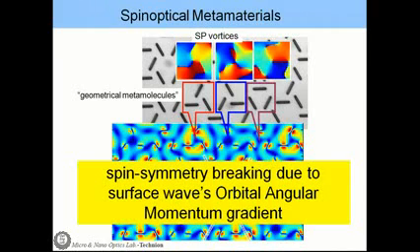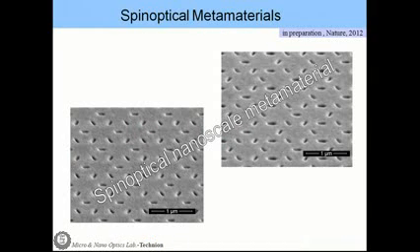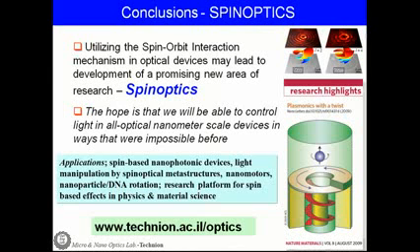So there is a relation between the spin symmetry breaking and the surface waves' orbital angular momentum gradient, resulting in the geometric Berry phase, the spin-dependent geometric phase. Currently, we also investigated a spin optic metamaterial for the nanoscale. You can see here, this is the inversion symmetry structure, and this is the inversion asymmetry structure.